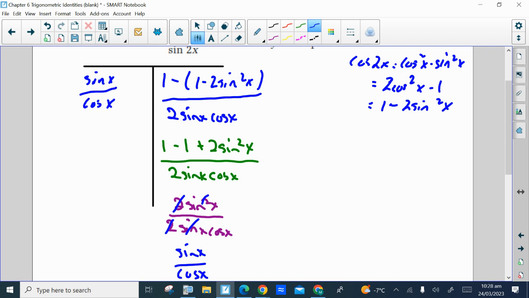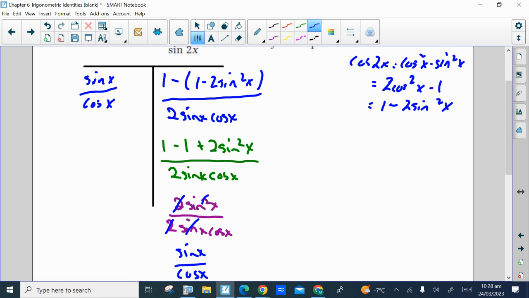So again, most of these can be done in 2 or 3 fairly simple steps. You try something. If it doesn't work, you try something else. Remember that list of hints that you were given yesterday. If there are no powers, put everything in terms of sine and cos. If there are powers and they're power 2, look to those Pythagorean identities.